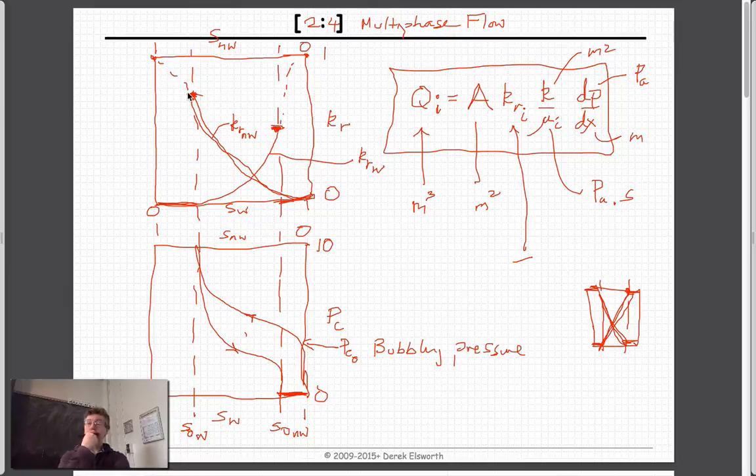Relative permeability. It's the permeability for the wetting fluid. Any thoughts?